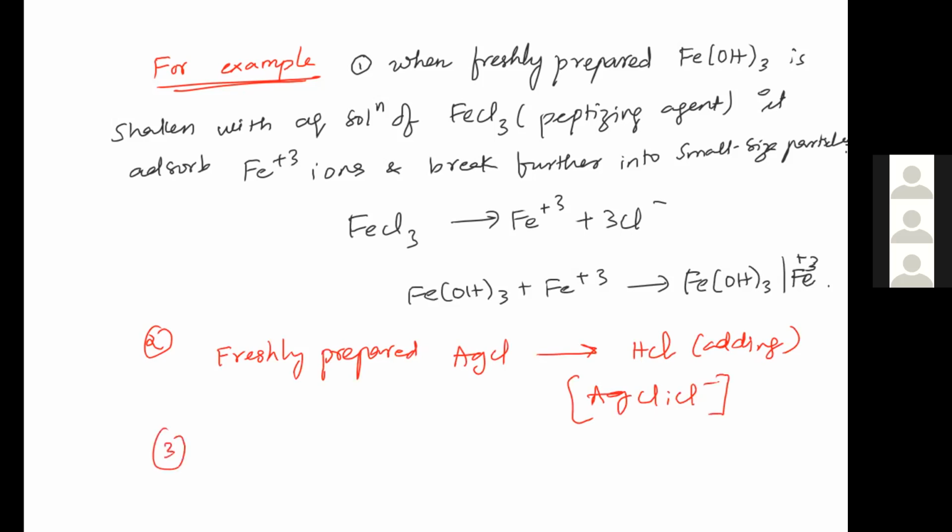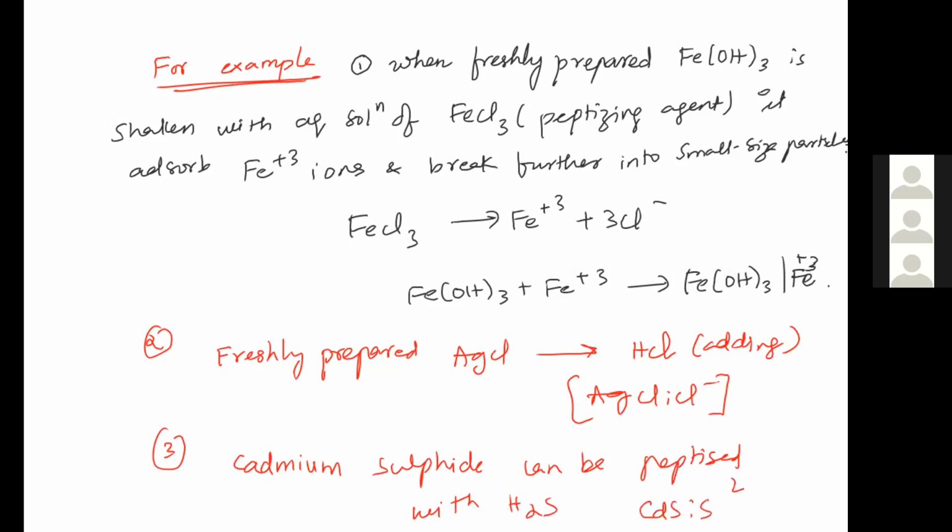Third, cadmium sulfide. Cadmium sulfide can be peptized with hydrogen sulfide and you get CdS with S-2 as the colloid.